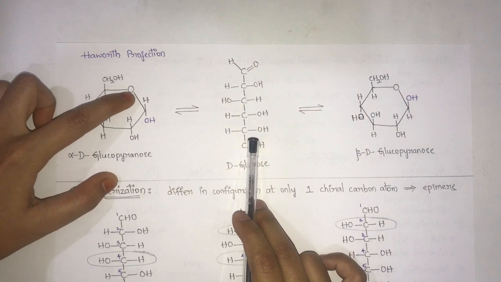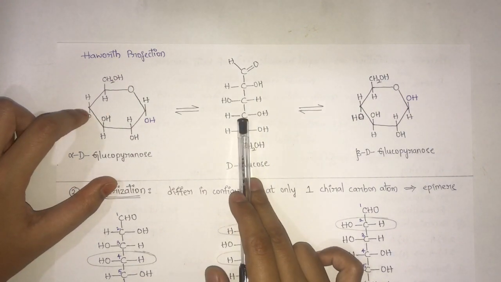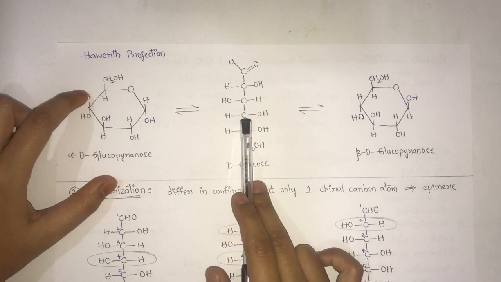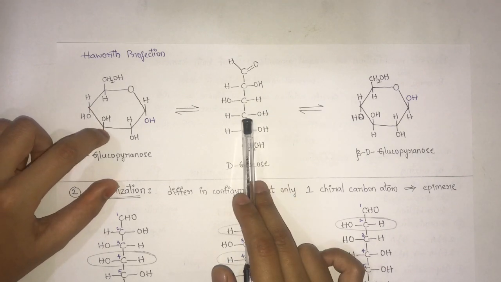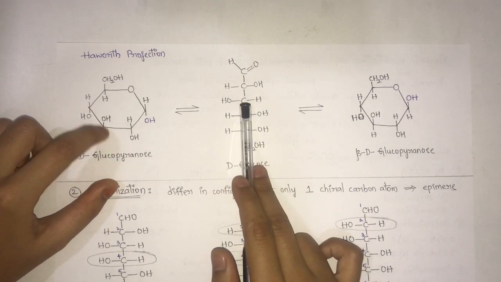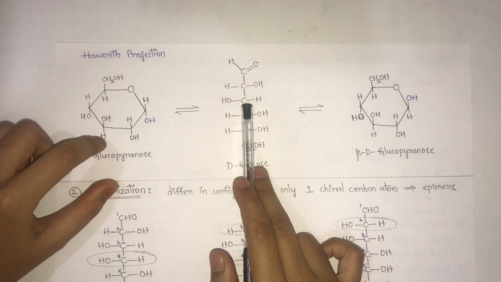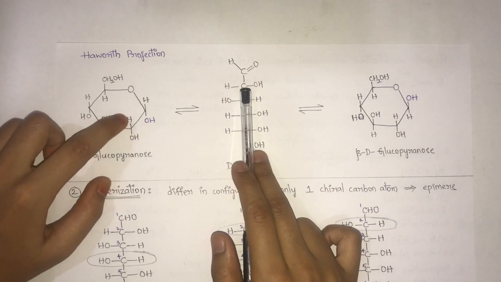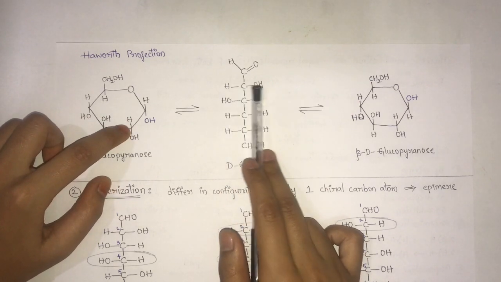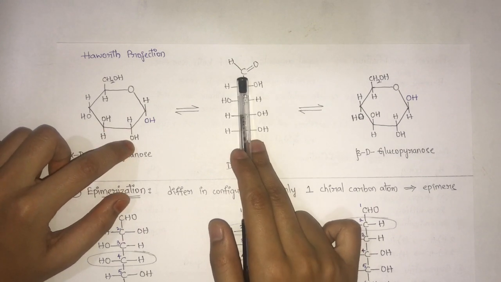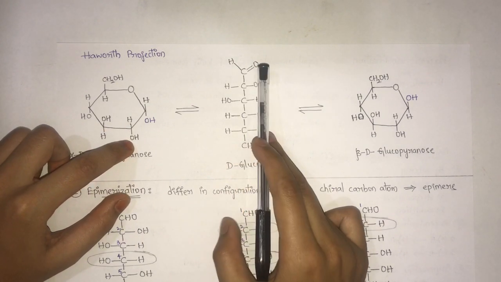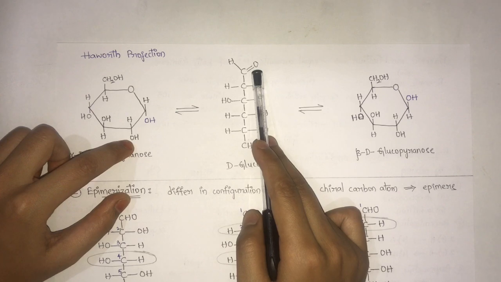Next carbon, hydrogen, hydroxyl group. Next carbon, hydroxyl group, hydrogen. Next carbon, hydrogen, hydroxyl group. Last carbon, where this double bond O is converted to OH.